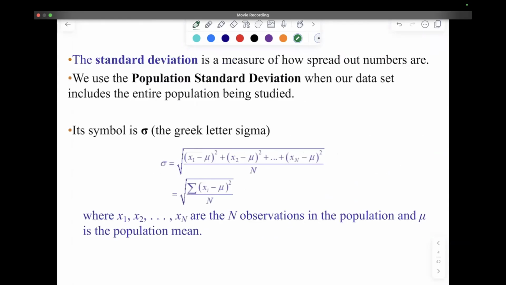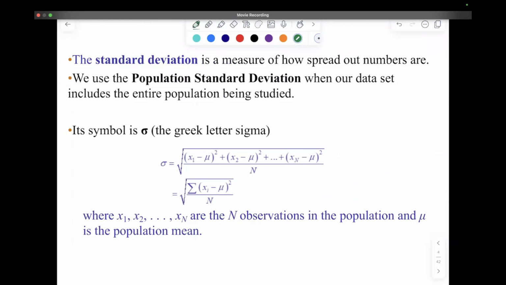Okay. Let's talk about standard deviation. The simplified way of talking about it is it tells you how spread out the numbers in your data set are. A little bit more complicated, but not super complicated, the middle of the road: it tells you the average distance each data value is from the mean.